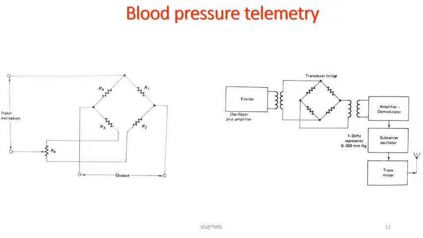Now the transmitted signal is picked up by the receiver, and the subcarrier is removed from the radio frequency carrier and then demodulated to obtain the original data waveform, and this signal is displayed or recorded on a chart. So that is the blood pressure telemetry system.